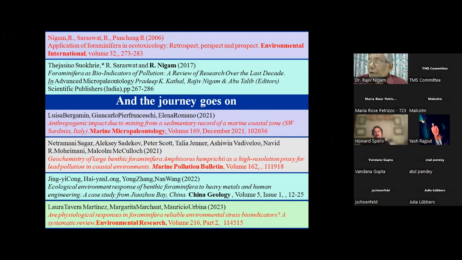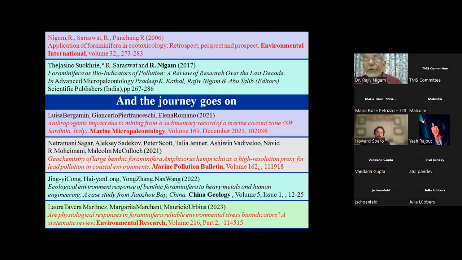So friends, we can say that foraminifera can be effectively used and a lot of work is going on almost everywhere. The time is not very far when we can prove the fact, and all pollution control boards or those who are looking after the health of the ocean in the coastal areas will start using foraminifera for pollution related studies.